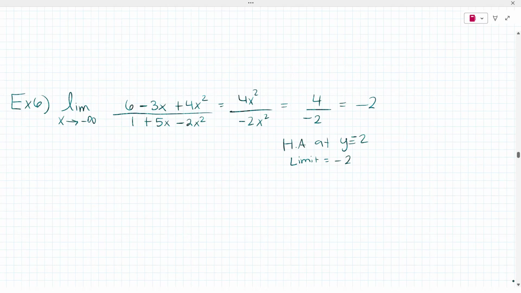Okay, now let's do the work. So we're going to divide everything by x squared because that's our highest power. So 6 over x squared.